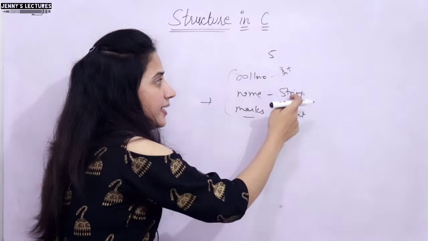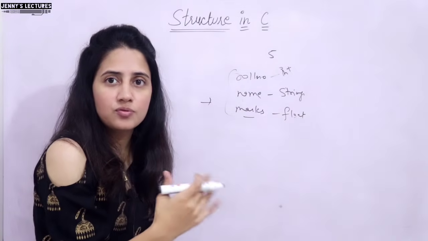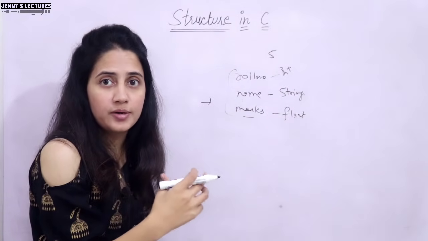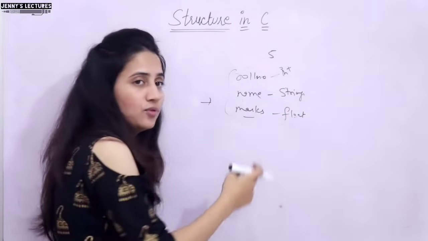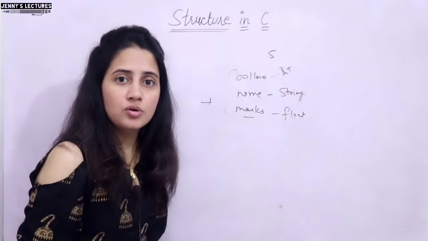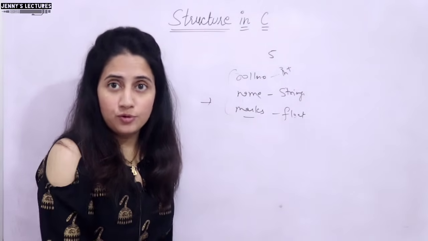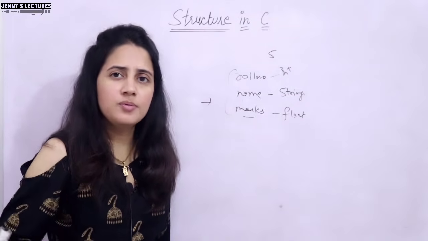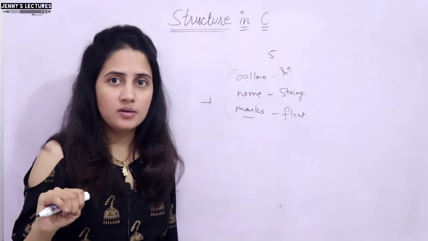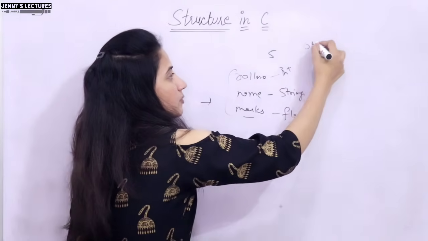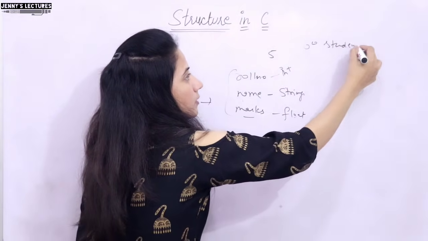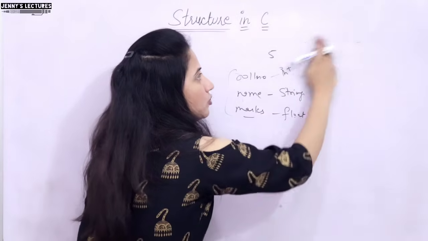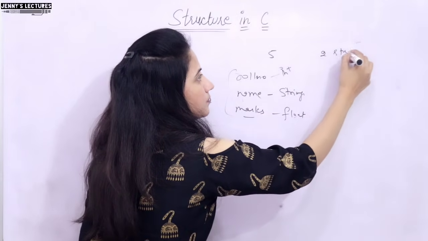So we have 3 data types, different types of information about a student: int, then string, then float, or maybe address is there, which would be float or maybe string. Many pieces of information are there about a student, right? And suppose there are 60 students, or at first, suppose we take only 2 students.